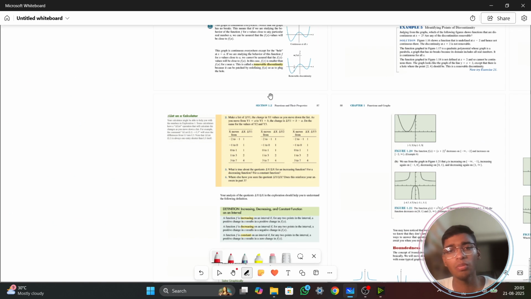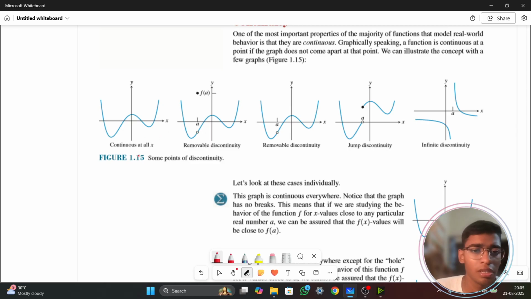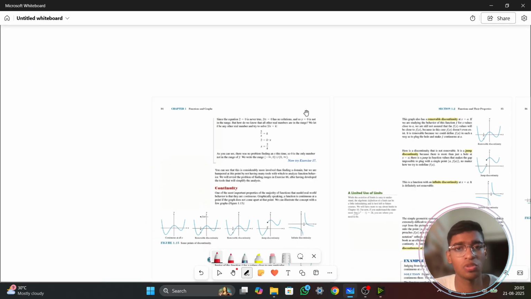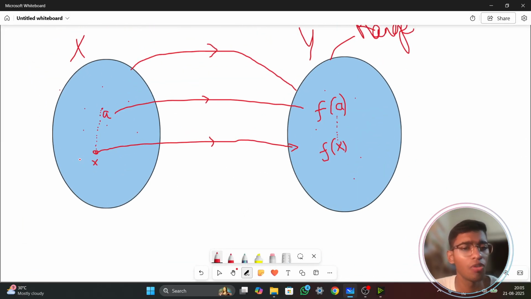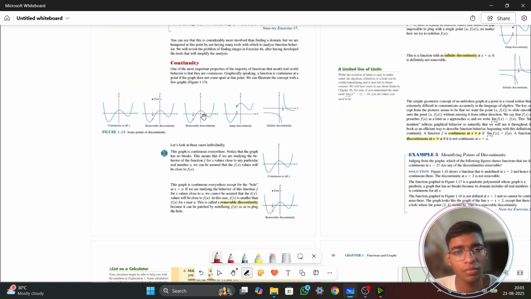So let me explain this using the graphs given here. You see, this first function is called continuous at all x. At all values of x, you can find some value of y. This is what we talked about with the two sets. For all values of x, you can find a corresponding value of y. This f(x) was nothing except y. This is the value I'm getting as my range.